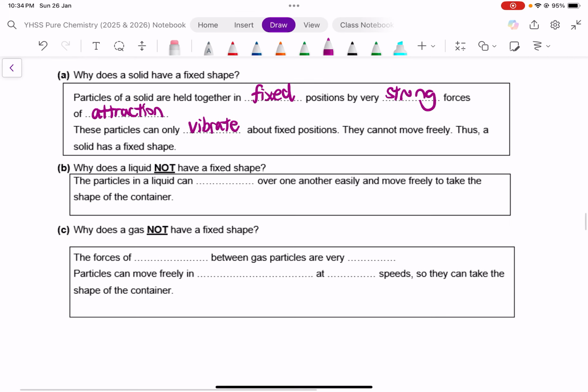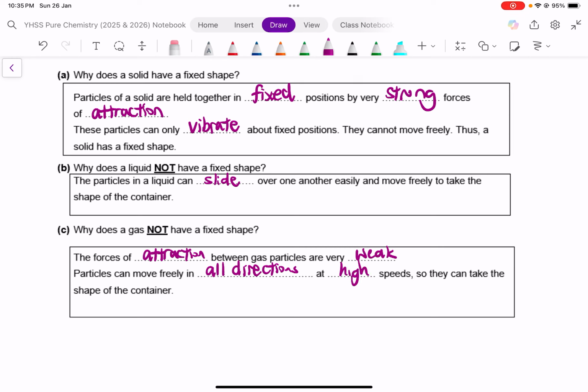On the other hand, if you look at B and C, a liquid and a gas don't have a fixed shape. And this is because in a liquid, the particles can slide over one another easily and therefore move freely to take the shape of whatever container they are in. And in a gas, the forces of attraction between the particles are weak, and hence particles are able to move freely in all directions at high speeds.